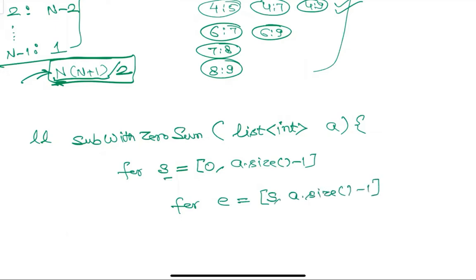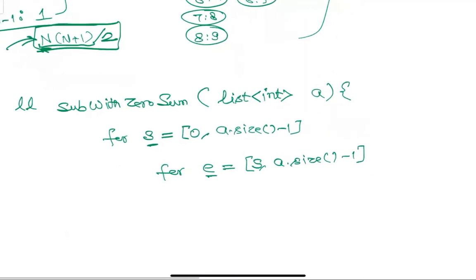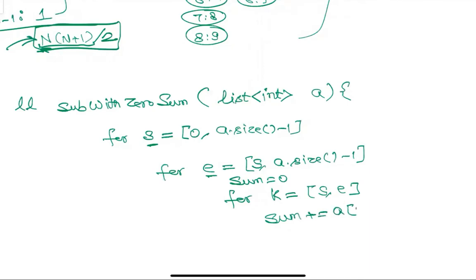So you got an S, you got an E. Now you can do a sum, for K equal to S to E. Initially sum is 0. You say sum plus equals A of K. This inner loop is calculating the sum of one subarray for which you know start and end.